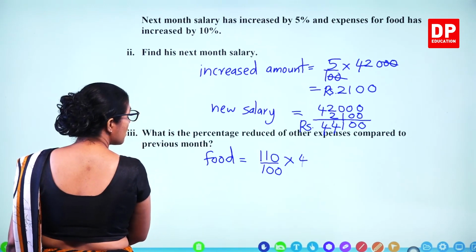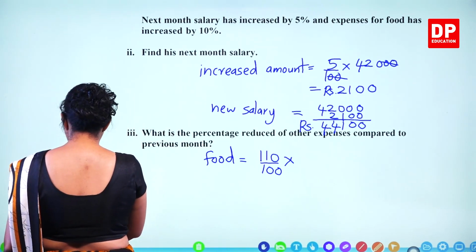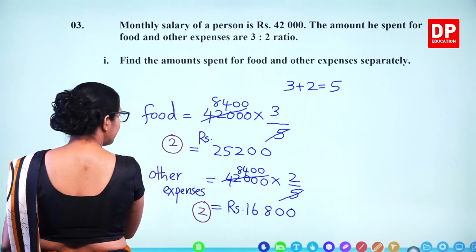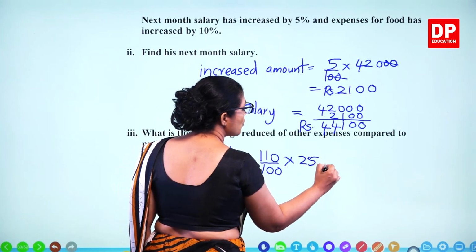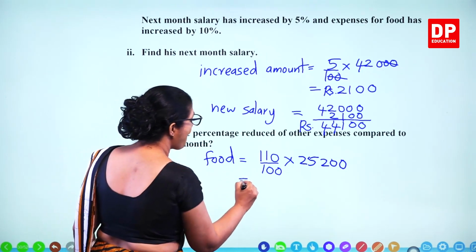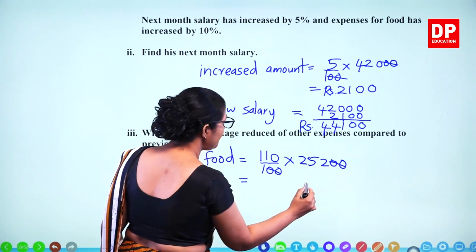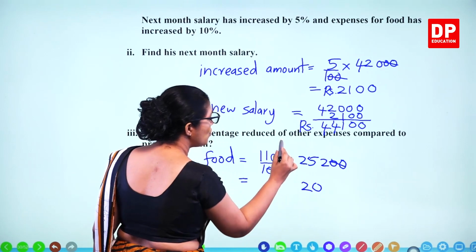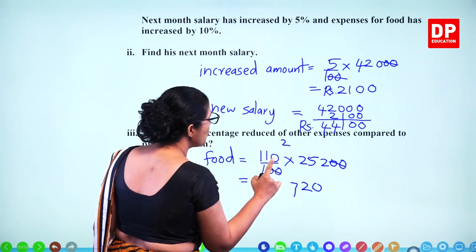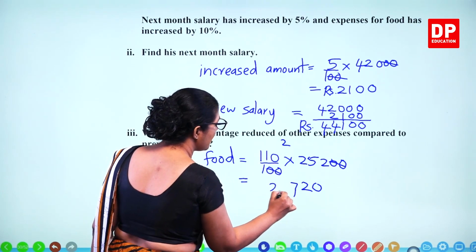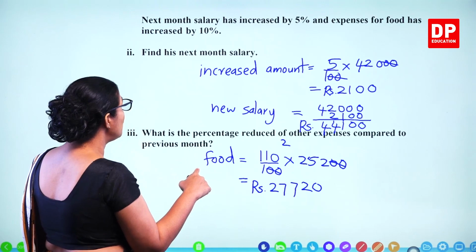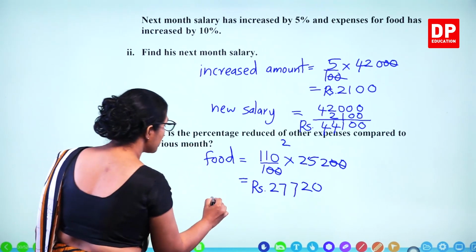So we have to find out what's the value we got for food. For food, we got 25,200. Or you can find out the 10% value and add it. 2 zeros. 11 times 2, 22. 11 times 5, 55 plus 2, 57. 11 times 2, 22 plus 5, 27. Now the new value is here. So what is the value for other expenses now?